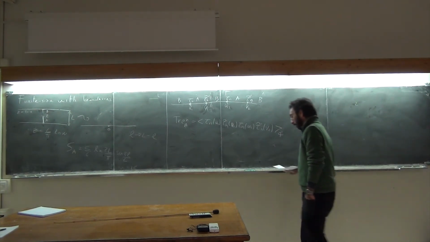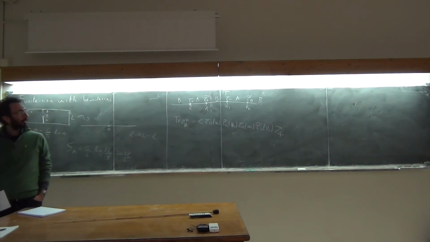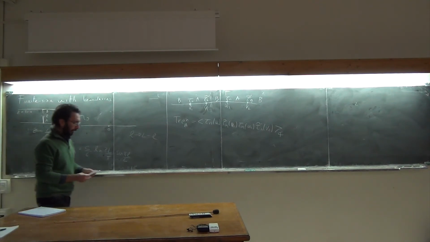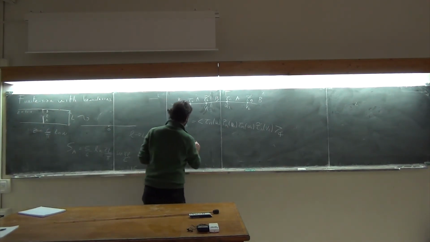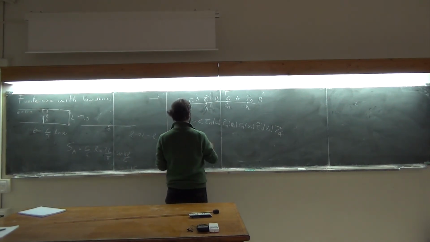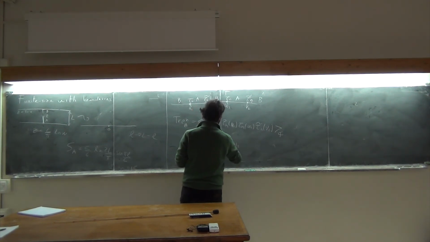Still, we can give some general result based only on global conformal invariance. That is, this object should be of the form Cn squared times... I write the formula first and then I will discuss it.